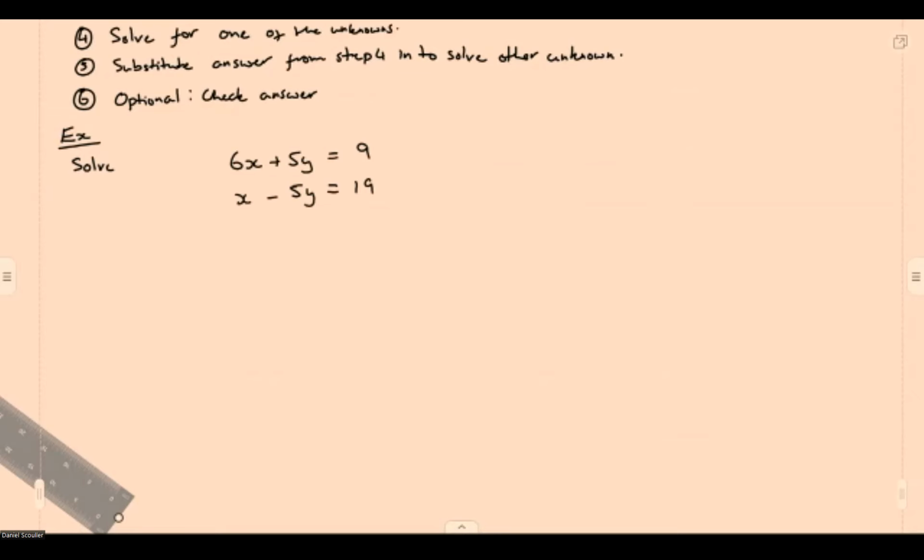So that's two separate equations, equation 1 and equation 2.